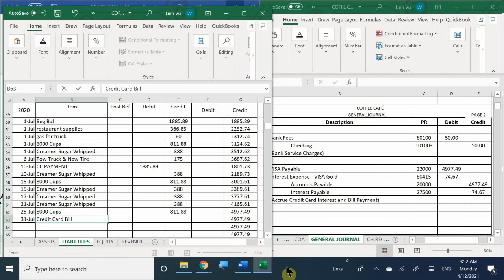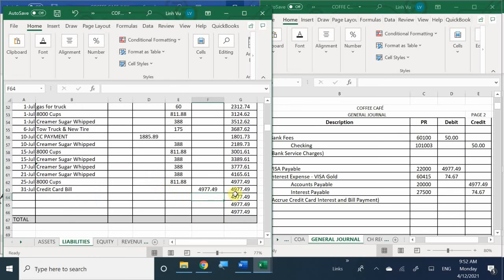And I'm going to recognize that I'm going to pay off the entire credit card account balance, right? Okay, so this one my formula didn't go through. Okay, I'm on the wrong side, that's why. Four 97749. There you go.